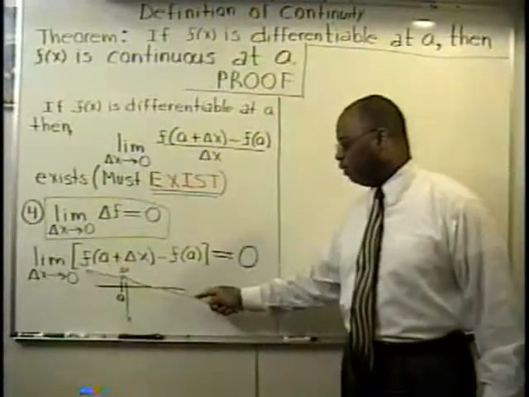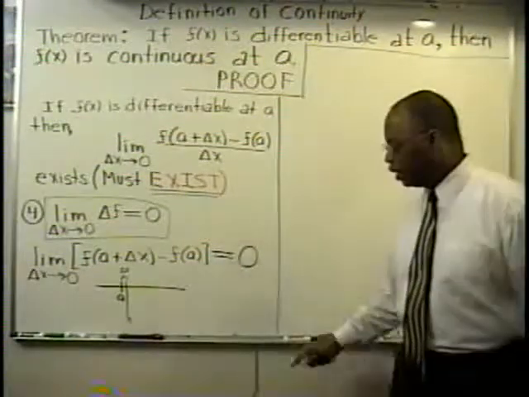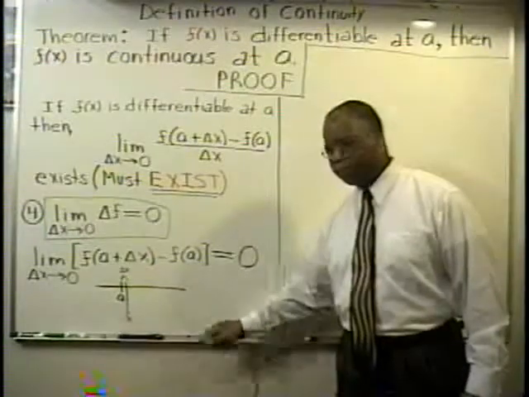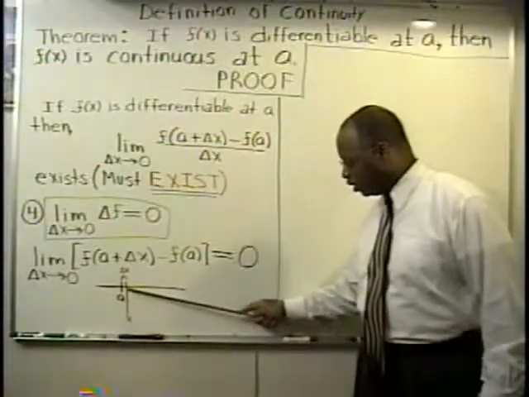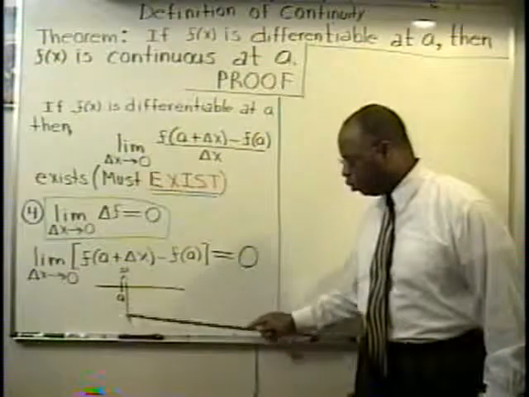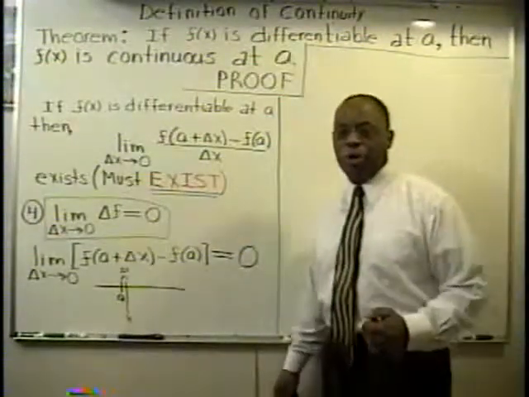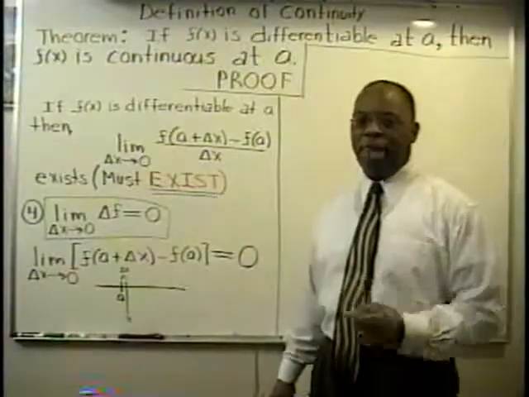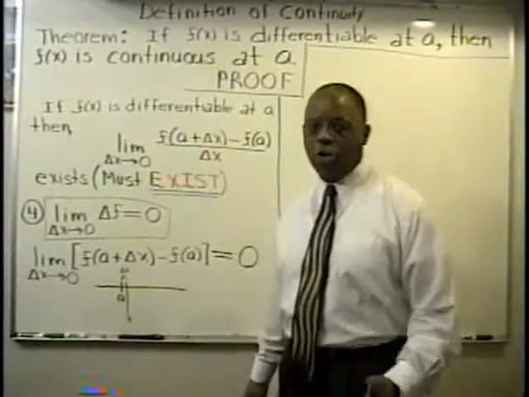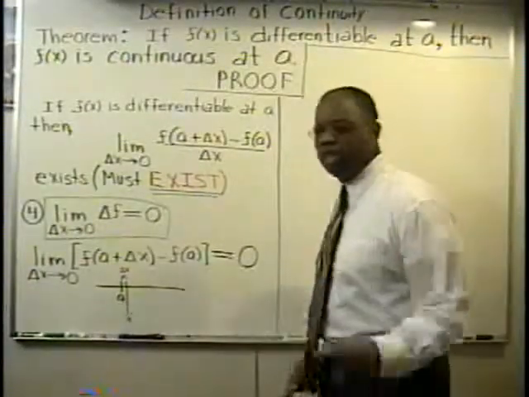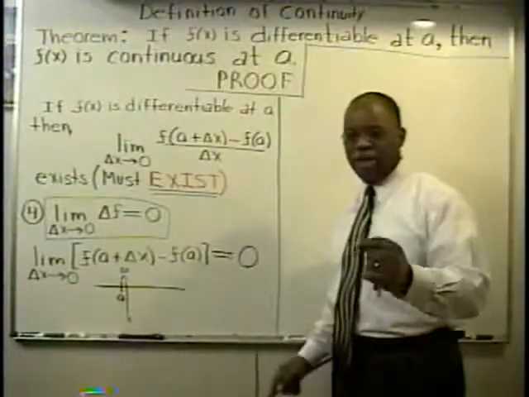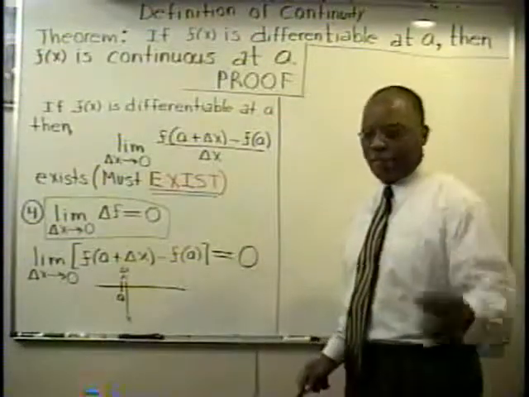Or the limit of f of a plus delta x minus f of a as delta x approaches 0. As this distance shrinks and gets smaller and smaller, it gets so small you would need the most powerful electron microscope to see if there's any distance between those two. You can say that the distance between these is 0. Therefore, if it is 0, then you can definitely say that it is continuous at that point.